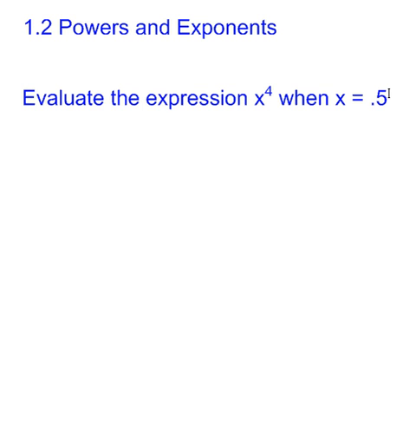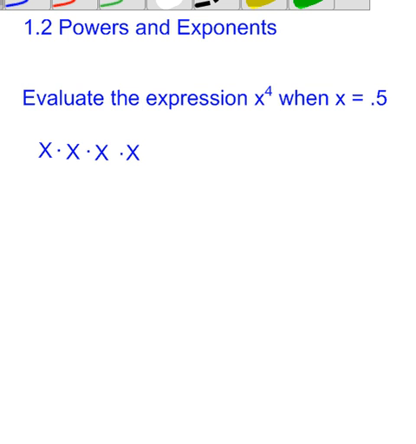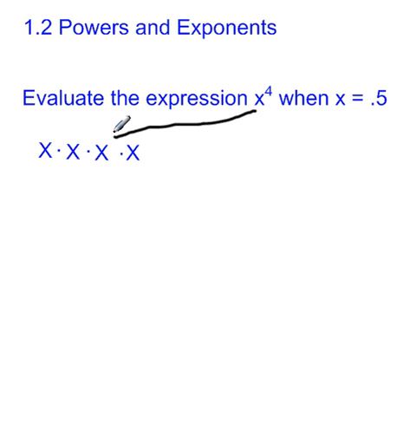And then we need to put in this half. The first step is taking this x to the fourth power and realizing that it is the same as x times x times x times x. The second step is actually putting this in.